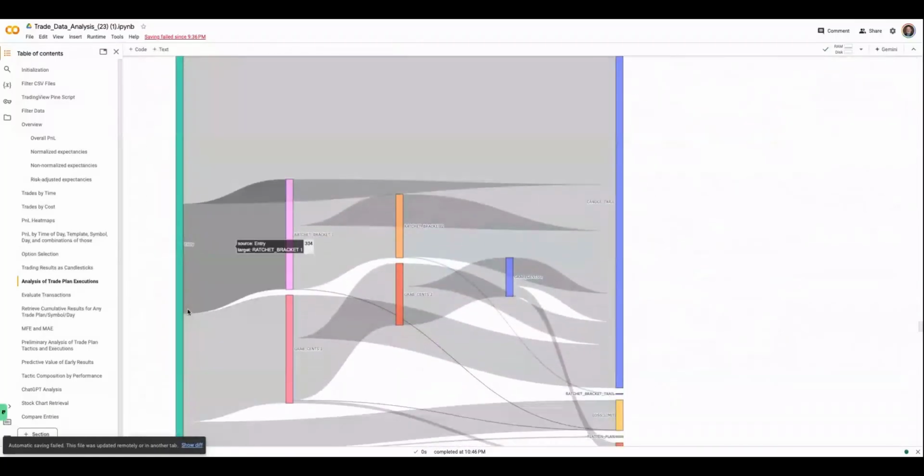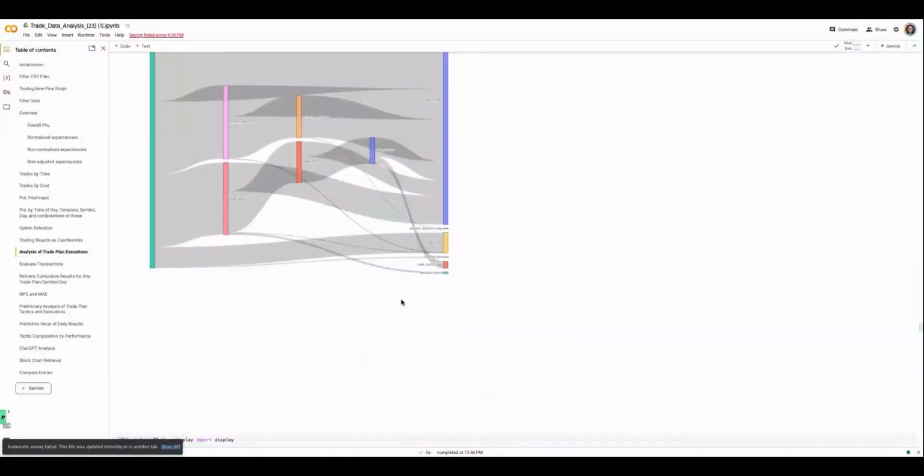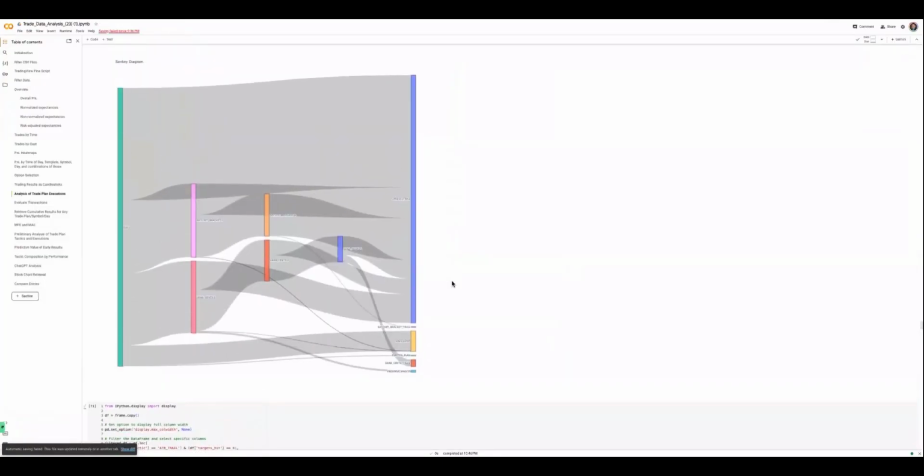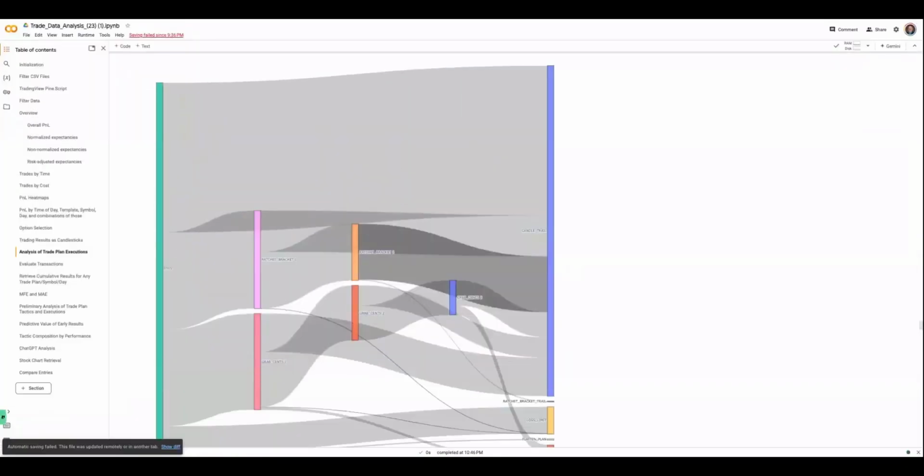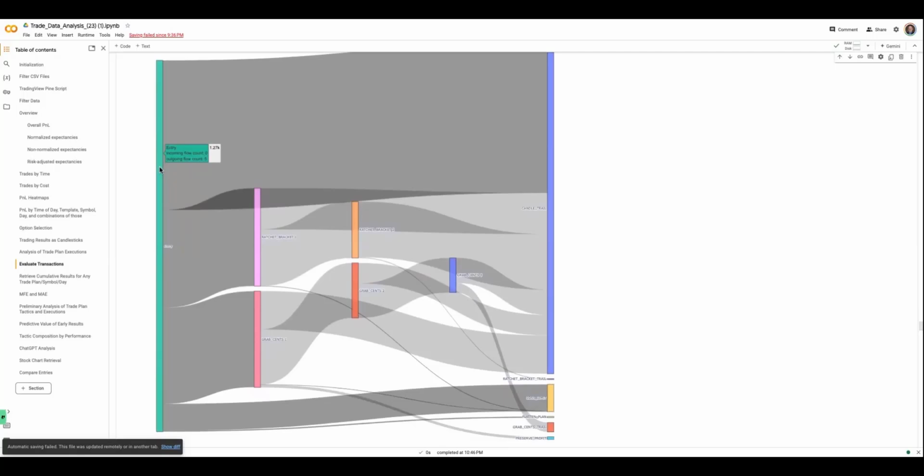Yeah, so this is the way the trades played out. And again, in this case, we're looking at both SPY and the Qs, but 1,270 trades over July.